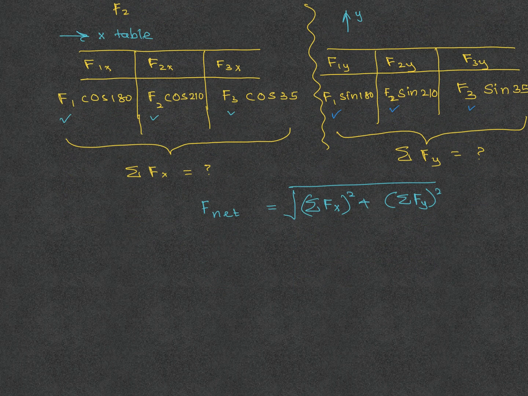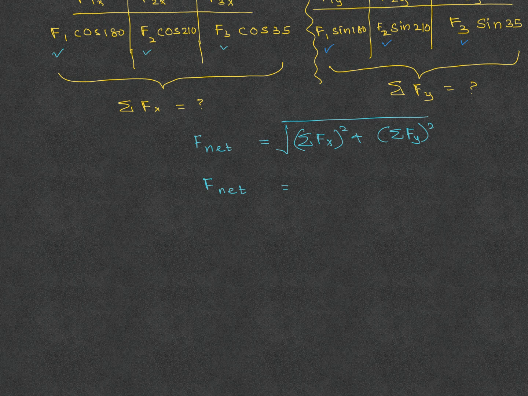So that's how you find F net. So pause the video and complete that step and write down what you get for F net. Once you have that, then we are ready to find the net work.